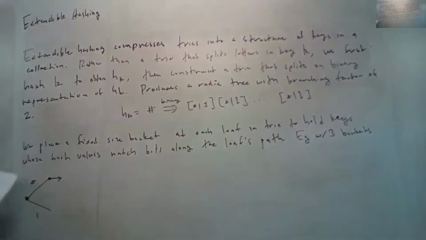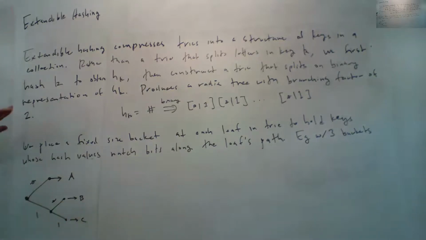Sorry. Let's assume this gets us out to a bucket called A. Okay? And let's assume that when we follow this one, we actually have another 0 and another 1. And this gets us to a bucket called B. And this gets us to a bucket called C. Okay?